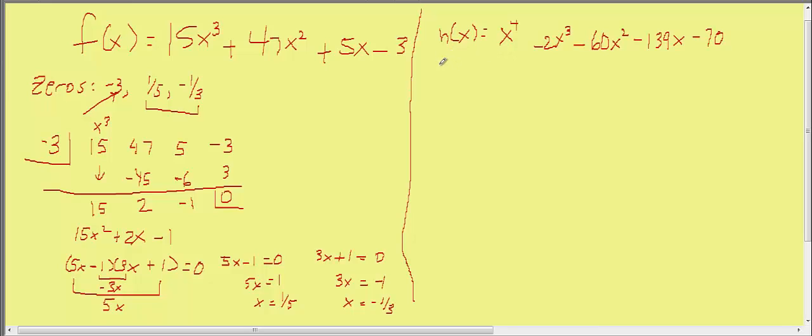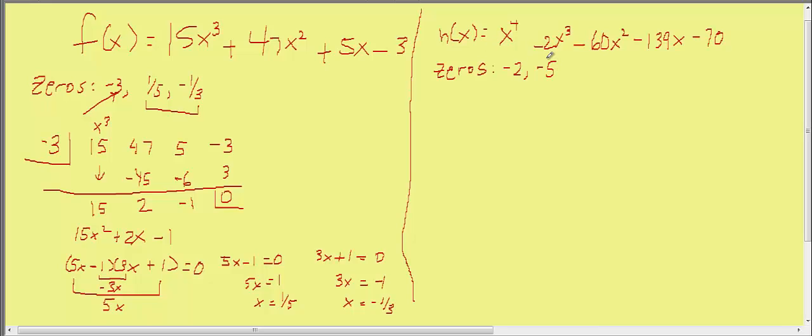Now, the zeros that you're going to find here from your calculator are two integers, -2 and -5. You can see them on your table if you wanted to take a look at that one.